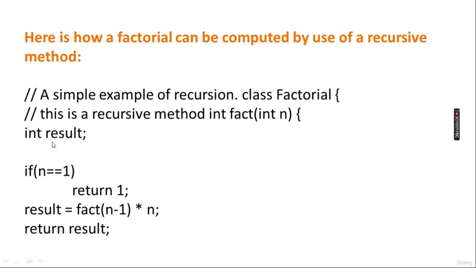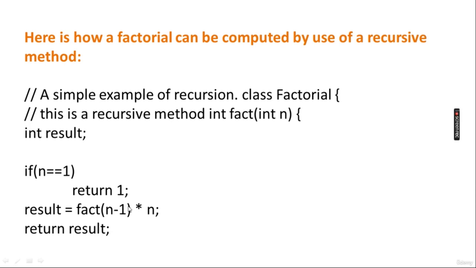We have taken one result variable of integer type and an integer n whose factorial I have to compute. It is passed to fact. If n is equal to 1, I will return 1, because 1's factorial is always 1. Otherwise, result is equal to fact of n minus 1 into n. Whatever number is passed, I call the same function with that number minus 1.